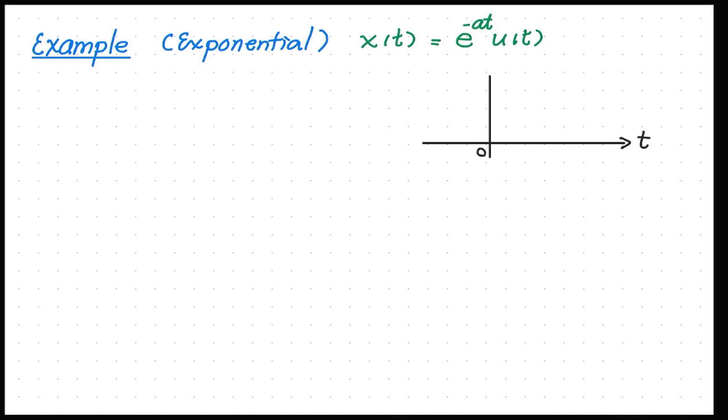When x is bounded, the graph looks like this. This is the graph of the decaying exponential.